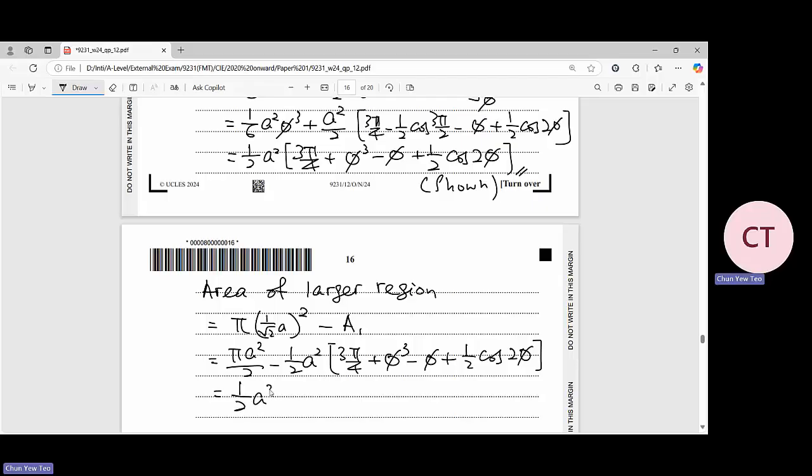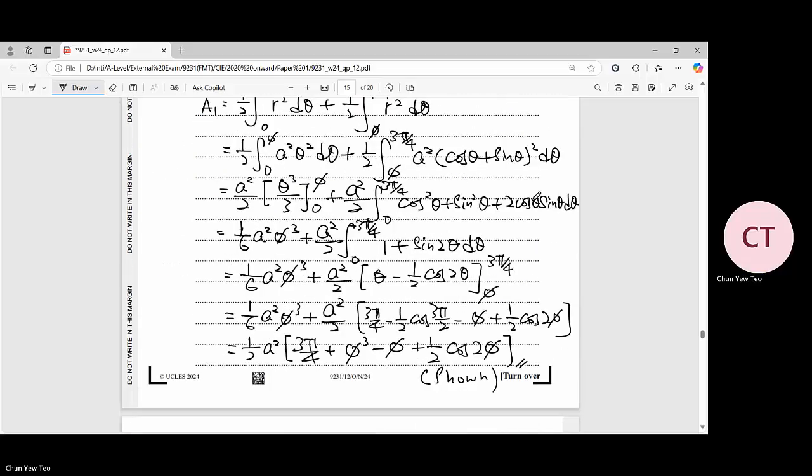Also factorize the half A squared out, and you will get pi over 4 minus phi cubed plus phi minus a half cos 2 phi. Done. That will be the answer for question number 7B.